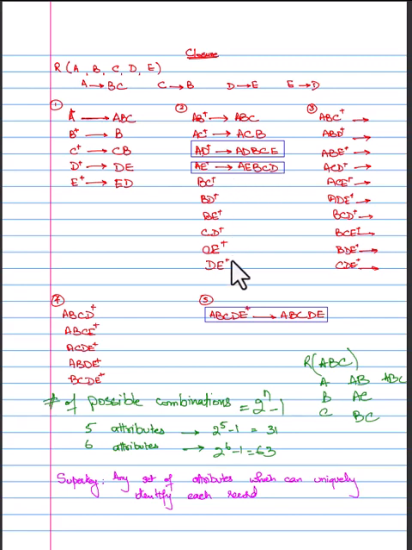In this way, similarly, we can find the closure of the combination of these two attributes that are all possible. Similarly, we will then find the closure of ABC, ABD, the combination of 3 attributes and then 4 attributes.